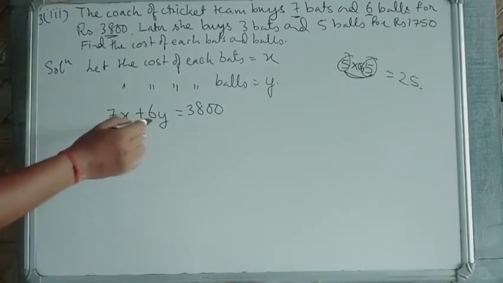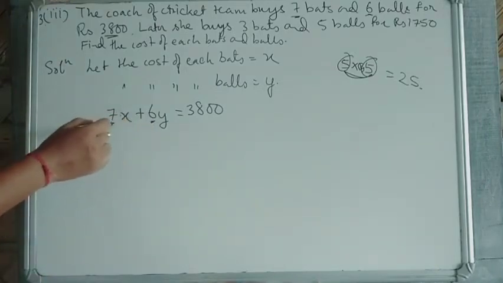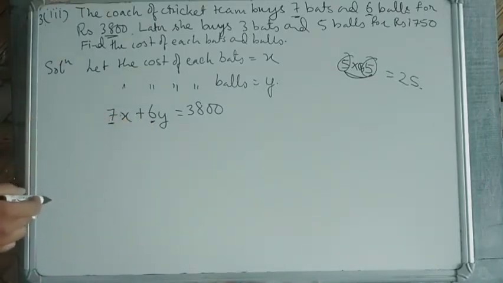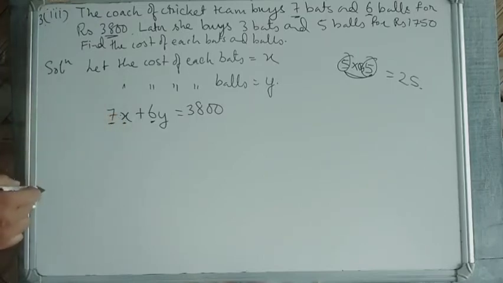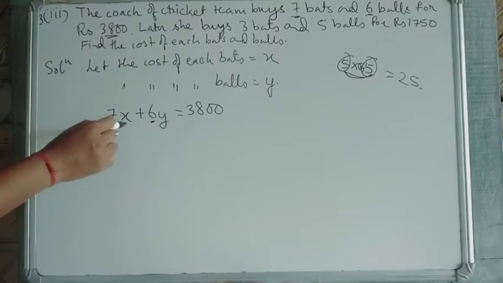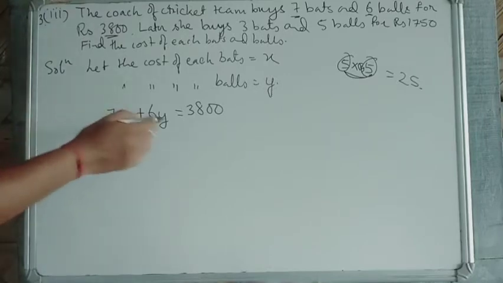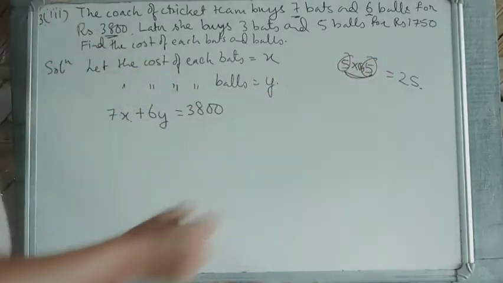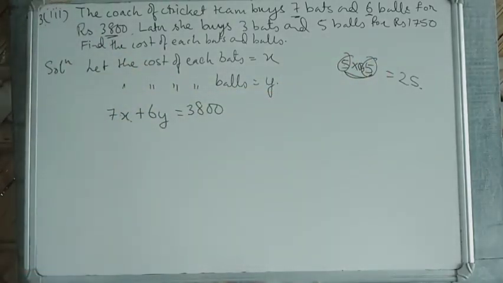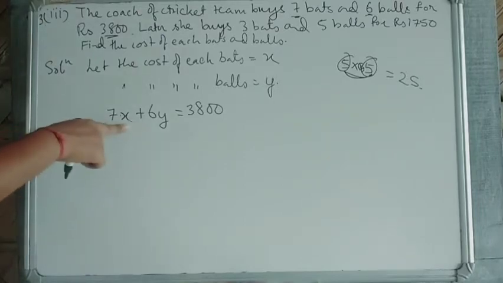So same method, suppose we are buying 7 bats, each x rupees. So 7 into x will be the total money. Same way, the cost is always the number of items with the price of one item. That will give me the total cost of the thing.